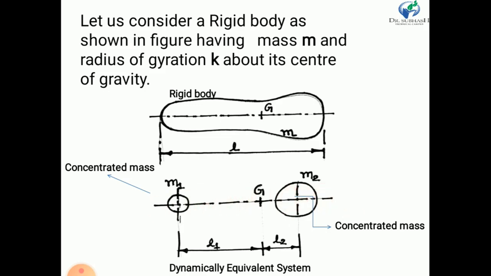Let us consider, this is the center of gravity of the dynamically equivalent system. We attach mass m1 here and we attach mass m2 here. Now from the center of gravity, the distance of mass m1 is l1 and the distance of mass m2 is l2.